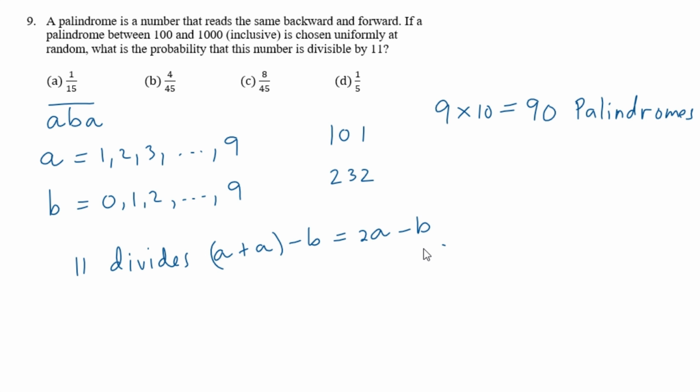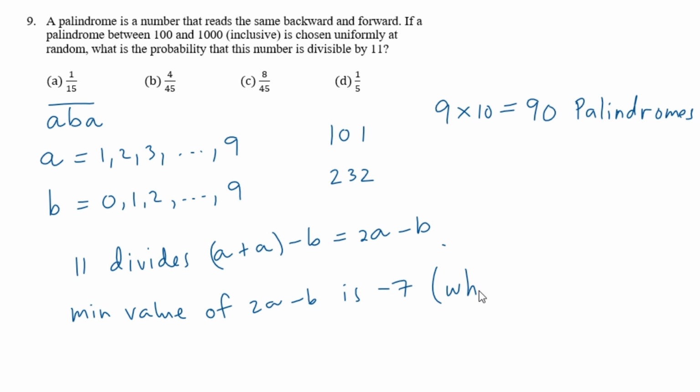Now, the lowest possible value of 2A minus B occurs when A is equal to 1 and B is equal to 9. So, the minimum value of 2A minus B is negative 7.